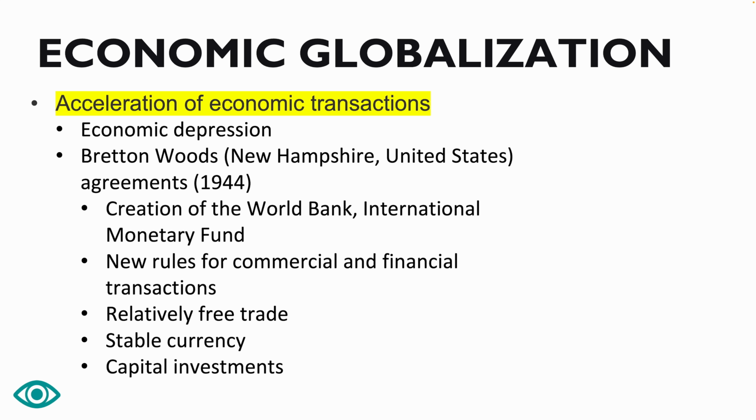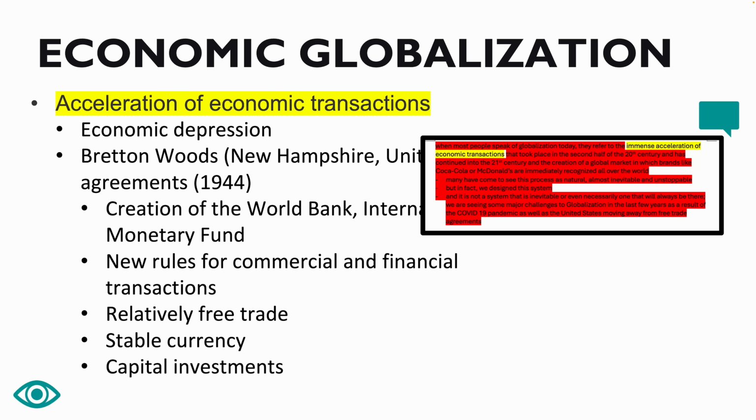So our first key point in this slide about economic globalization says acceleration of economic transactions. So I highlighted it in yellow on the slide, and then over in the script, I highlighted those same words in that same color because it's a match. It is both in the slide and in the script.